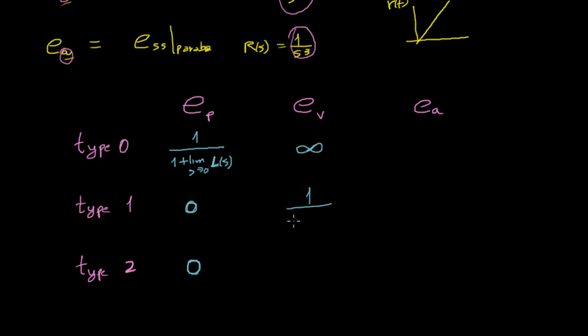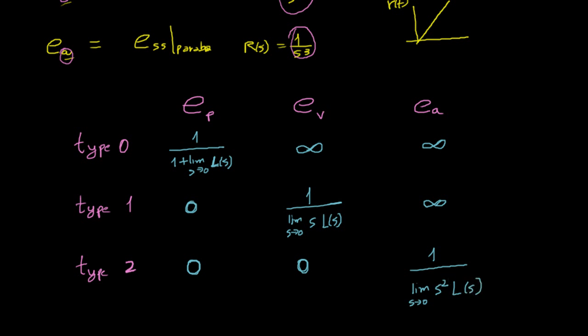They have an error of 1 over the limit when s tends to 0 of s L of s, and 0 for type 1, and type 2 systems have 0 velocity error. And finally, this is infinity, and this is 1 over the limit when s tends to 0 of s squared L of s.